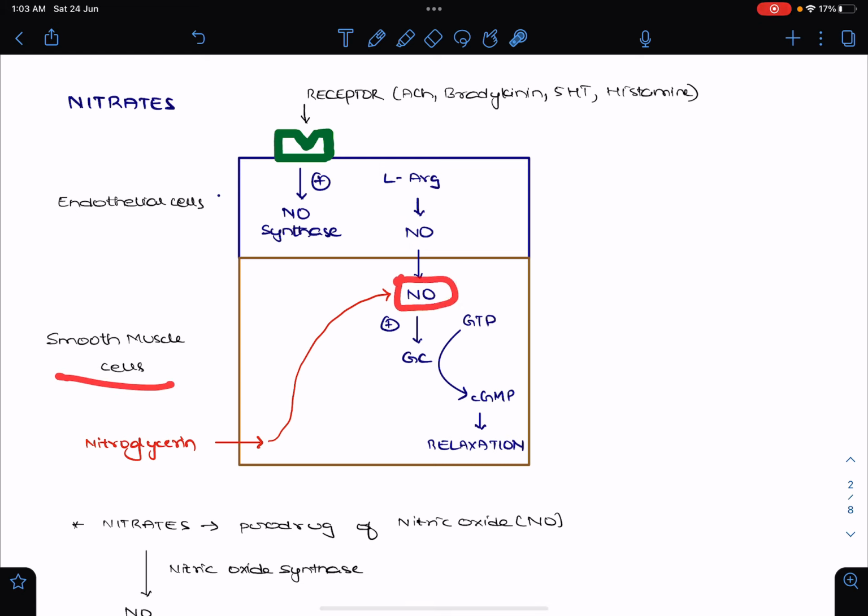Here nitric oxide stimulates guanylyl cyclase activity, which converts GTP into cyclic GMP. As you know, cyclic GMP is a secondary messenger. Its main activity is to cause relaxation. So it causes relaxation of the vascular smooth muscles, leading to vasodilation of the blood vessels.